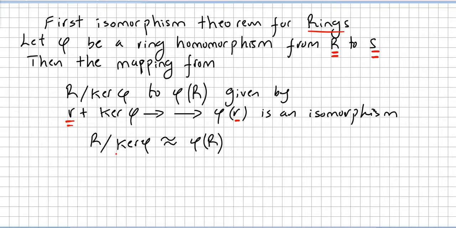Usually we write it this way: R over the kernel of phi is isomorphic to phi of R.